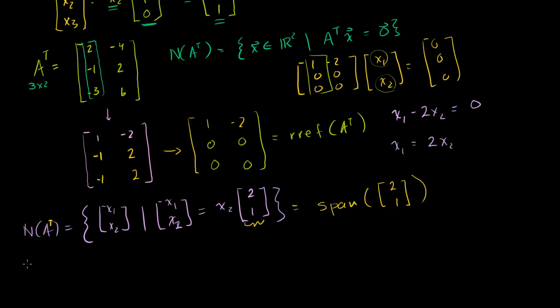Now, what is the column space of A transpose? Well, the column space of A transpose is the set of all vectors spanned by the columns of A transpose. So you could just say the span of this column vector and this column vector. But we know when we put it into reduced row echelon form, only this column vector was associated with a pivot column.